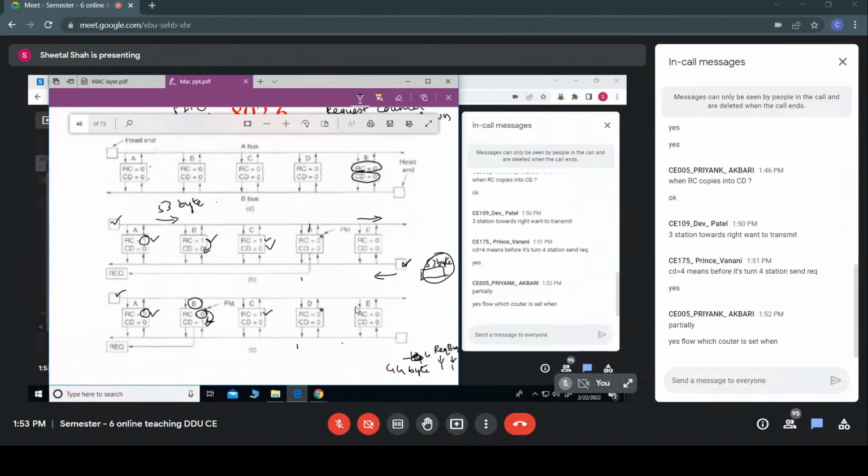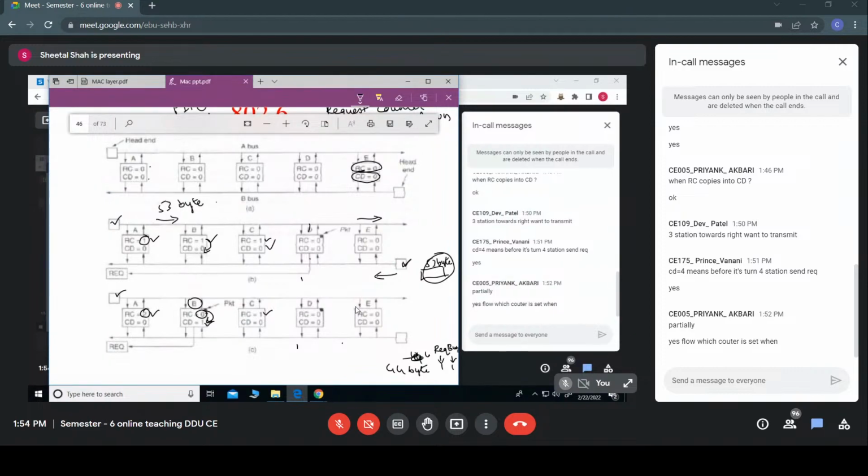Now say suppose D wants to send certain data towards this direction, so it has to send a request in the opposite direction. Is it clear? Because as I told, every station should know which are the stations towards its right and which are the stations towards its left. Fine. Now say suppose station D wants to send certain data to a station which is towards its right. It has to send a request towards its left.